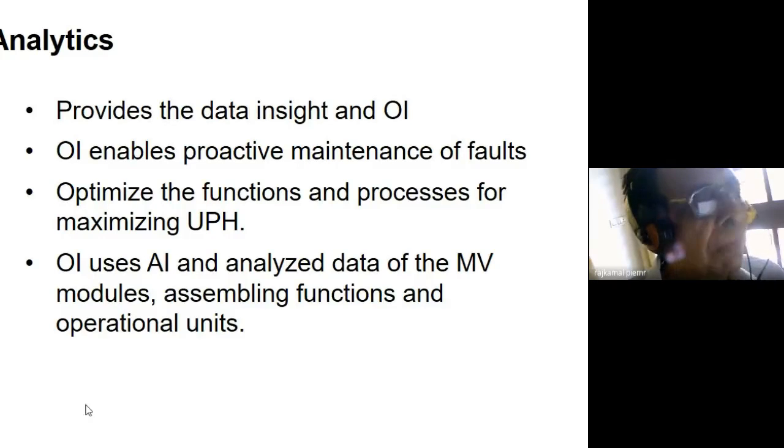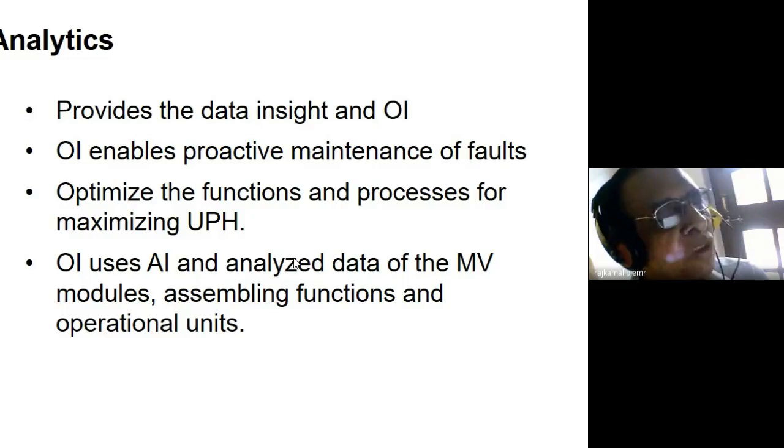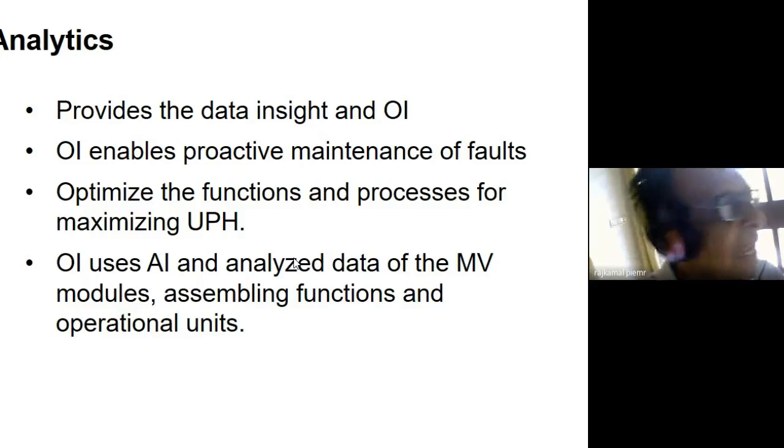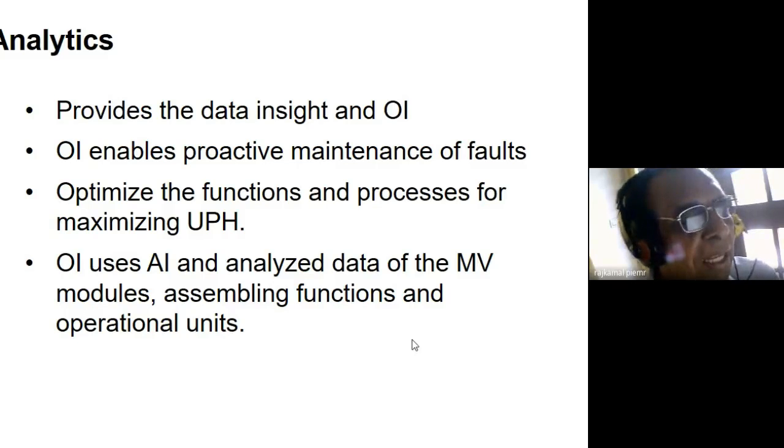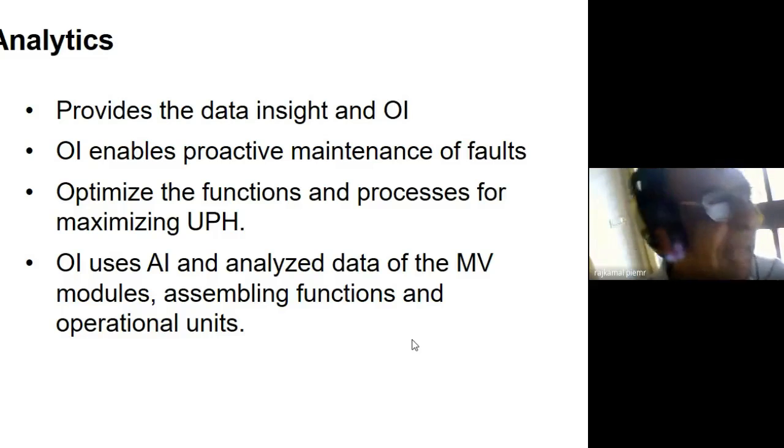Operational intelligence enables predictive maintenance of the parts, and optimizes the functions and processes for maximizing the UPH. Operational intelligence uses AI and analyzes data of the machine vision modules, assembly functions and operational units: how they are operating, how they are analyzing. From this data, operational intelligence is gathered for optimizing the output.